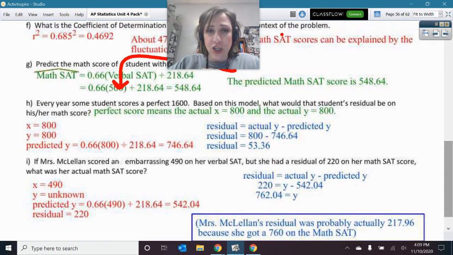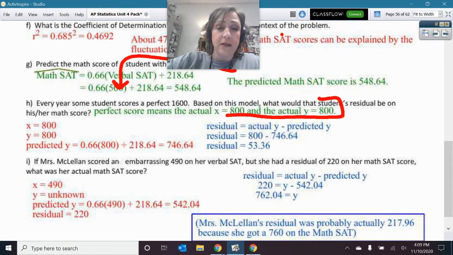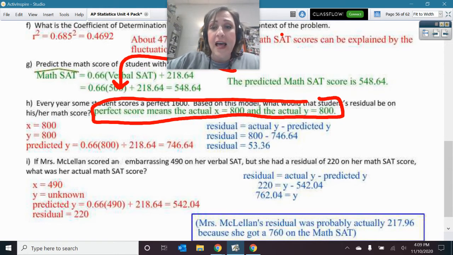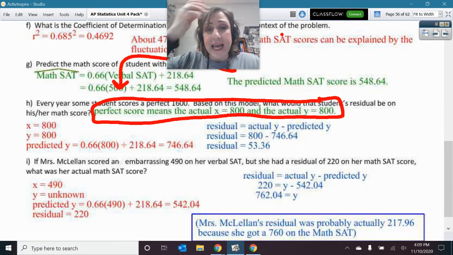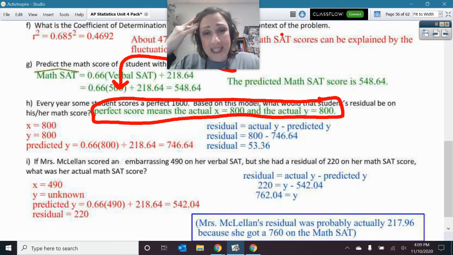But H was something that you had to think about, because H said this student gets a perfect score of 1600. Here's the thing that you had to know, or figure out with your brain and context, worldly understanding of things. 1600 means that the X score is 800 and the Y score is 800.